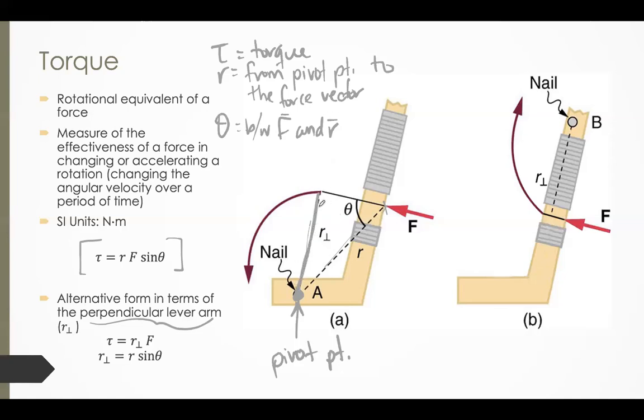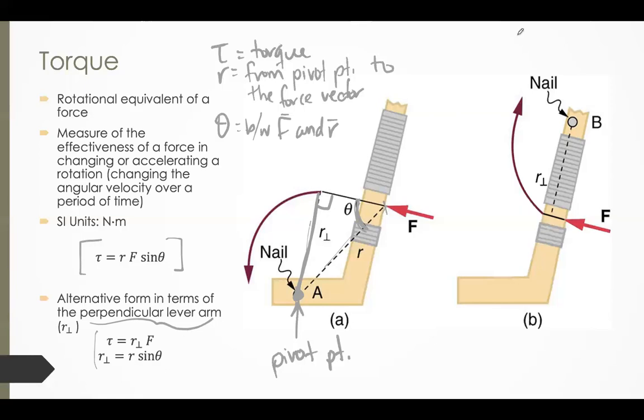It's going to be your lever arm, opposite your theta. So that is just another form. If a question is asking for the perpendicular lever arm, you can just use that equation right there. Just remember that it's R sine theta.